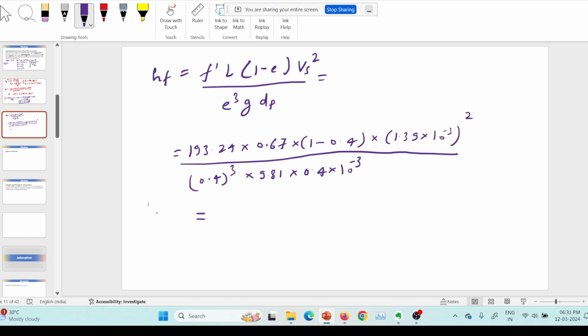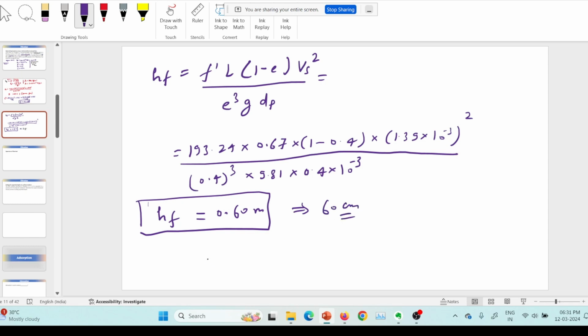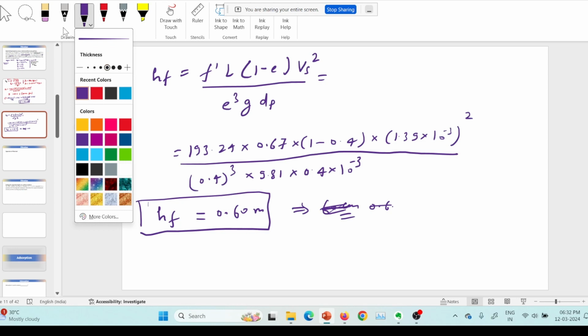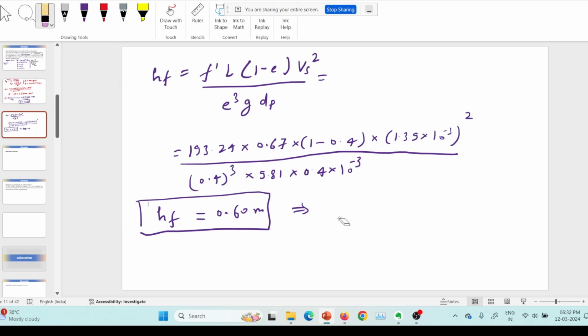If you solve it, we get head loss of around 0.6 meter, which is 60 centimeter. 0.6 into 100 centimeter, it will be 60 centimeter only.